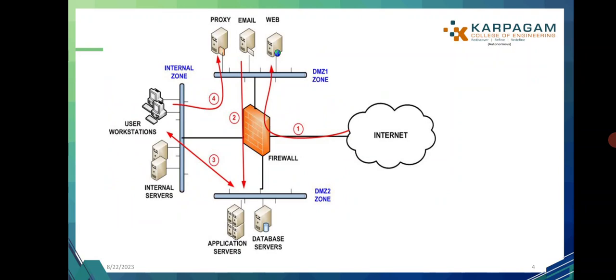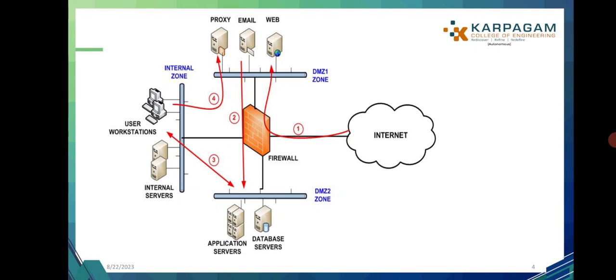Yes. Then step 2: once it reaches a DMZ, this DMZ will have majorly 3 kinds of servers, which are a web server, email server, and a proxy server, right? These web server, email server, and proxy server are connected to an application server and database servers.